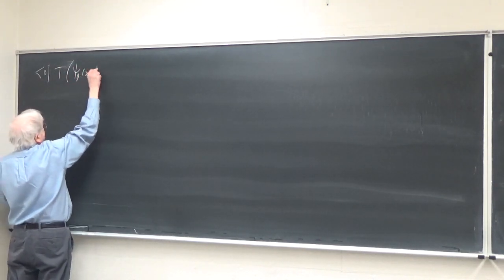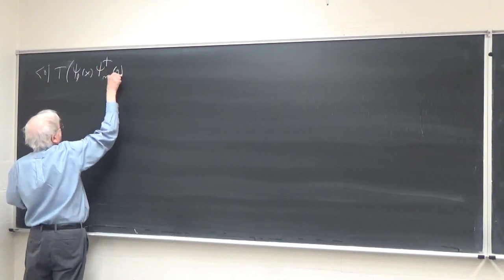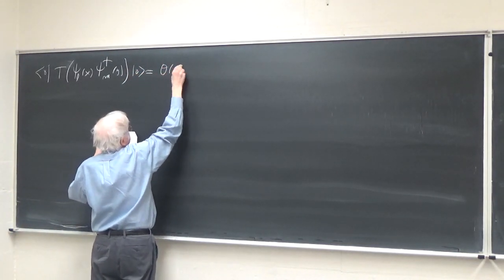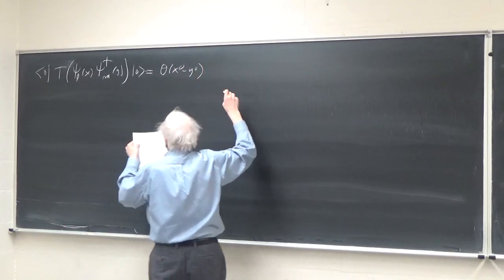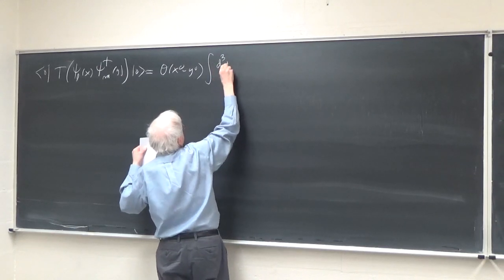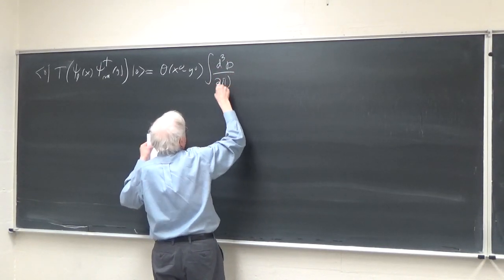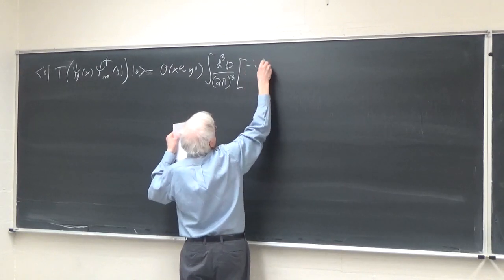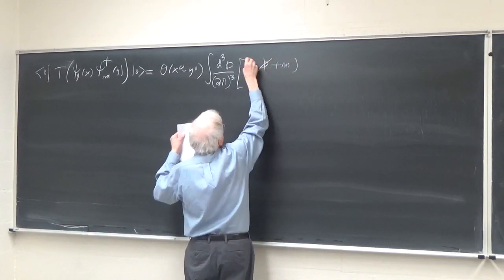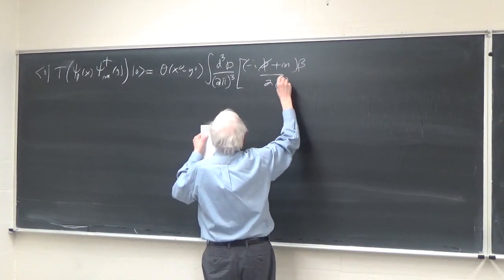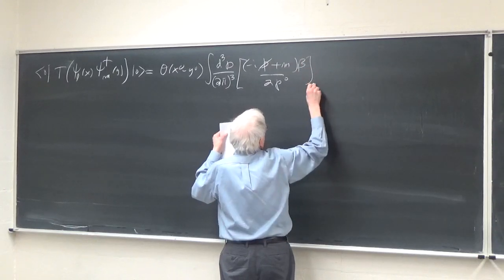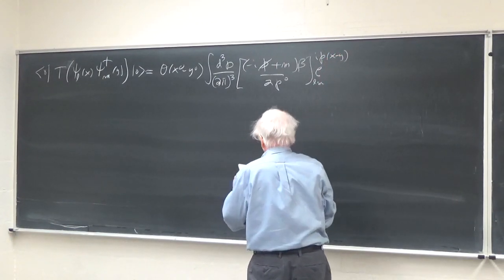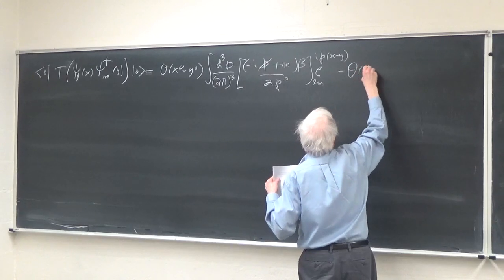Psi L(x), psi dagger M(y), vacuum equals theta(x0 minus y0) integral d^3p over (2 pi)^3, minus i p-slash plus m beta, over 2p0, Lm, e to the i p(x minus y), and then minus theta(y0 minus x0).